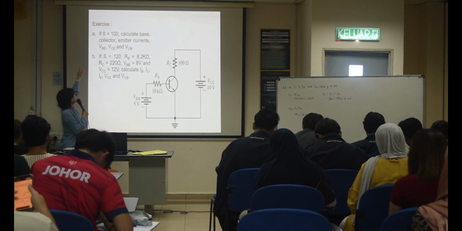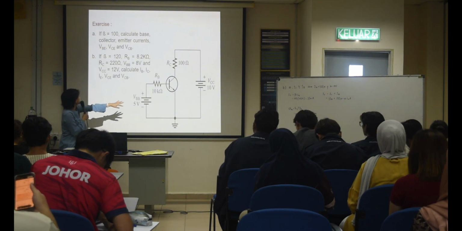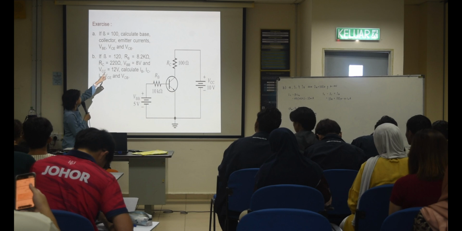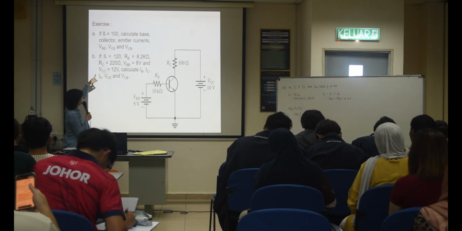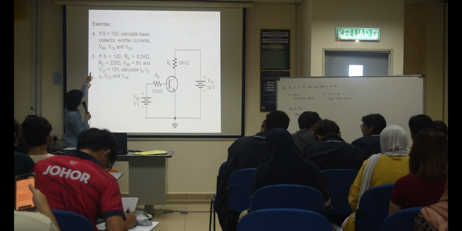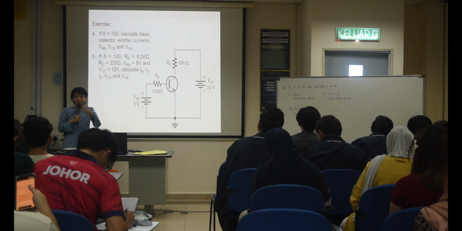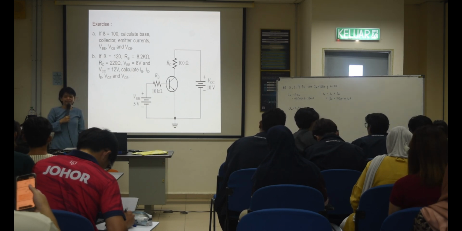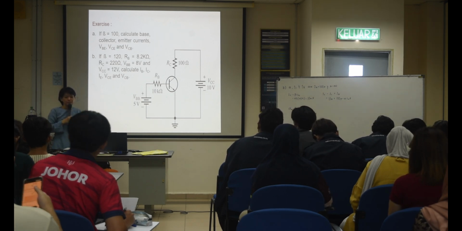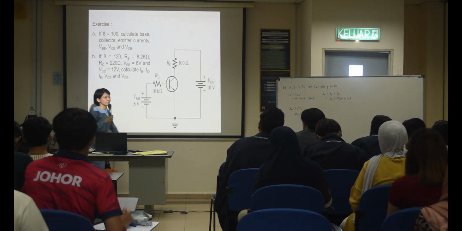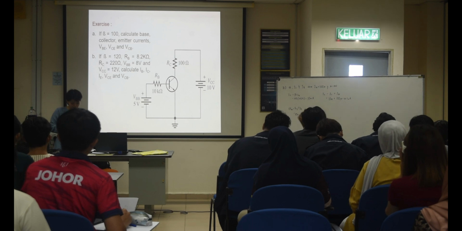Okay, see this figure. If your beta is 100, calculate the base, collector, and emitter currents, and also your VBE, VCE, VCB. Okay, calculate. Use the formulas just now. If you didn't use the formulas, you can also calculate. See here, you can calculate already. No need to memorize the formula, you can also calculate.